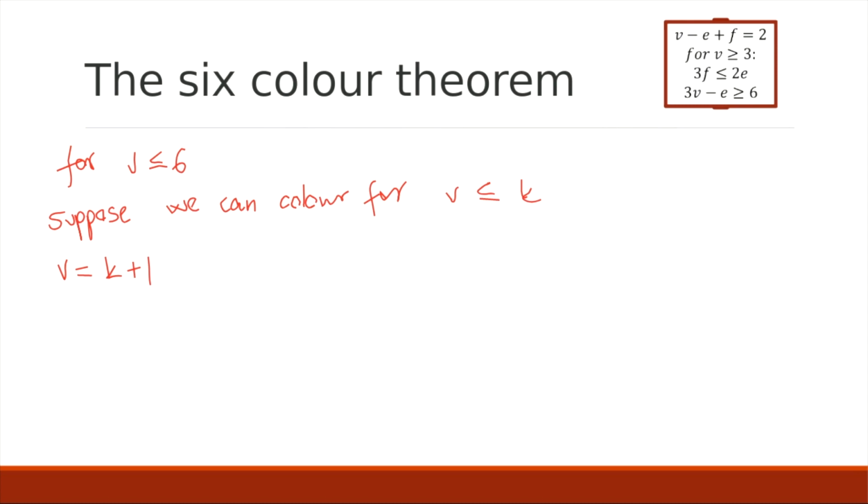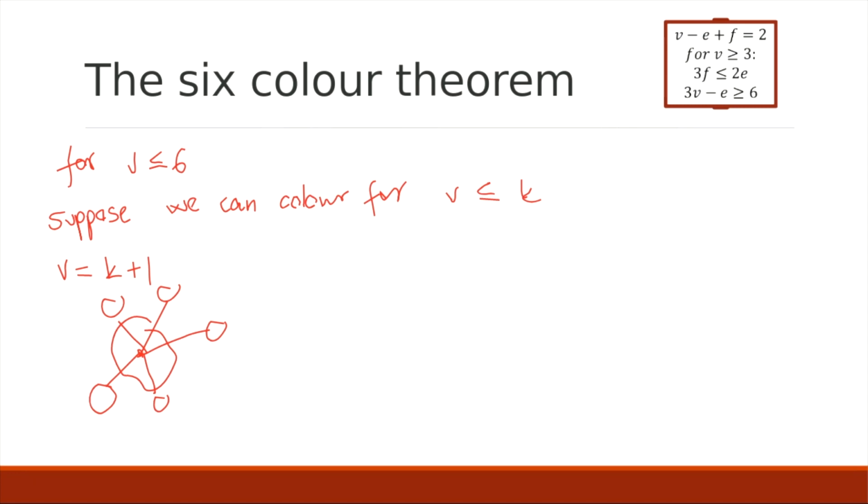And then I just put that one vertex back and I color it appropriately. One way it is super easy to be colored is if that vertex only has 5 neighbors. Because if there is a vertex which only has 5 neighbors, then I pick that vertex out, color the rest of the graph. Then the neighbors could have at most 5 different colors because it only has 5 neighbors. So when I put it back, I just color it the last color and I'm done.